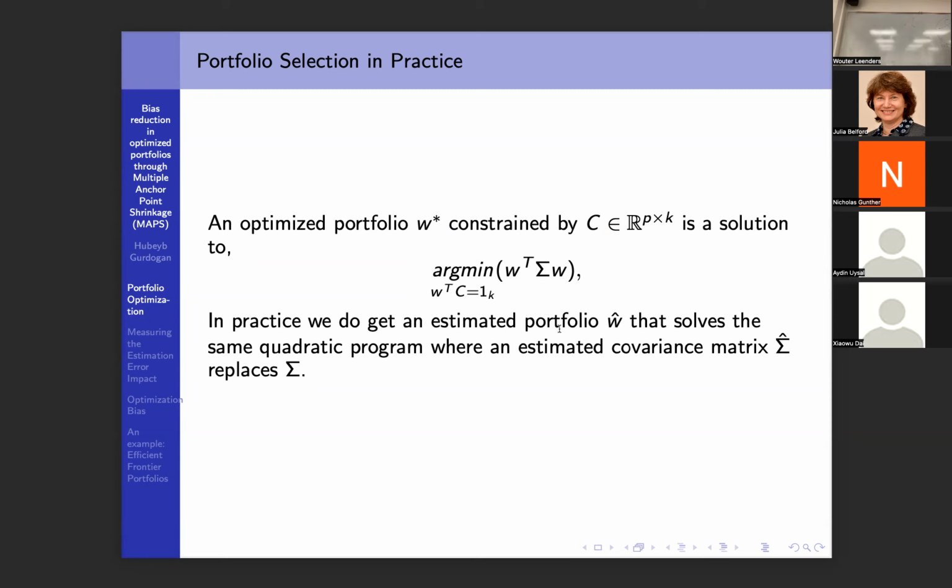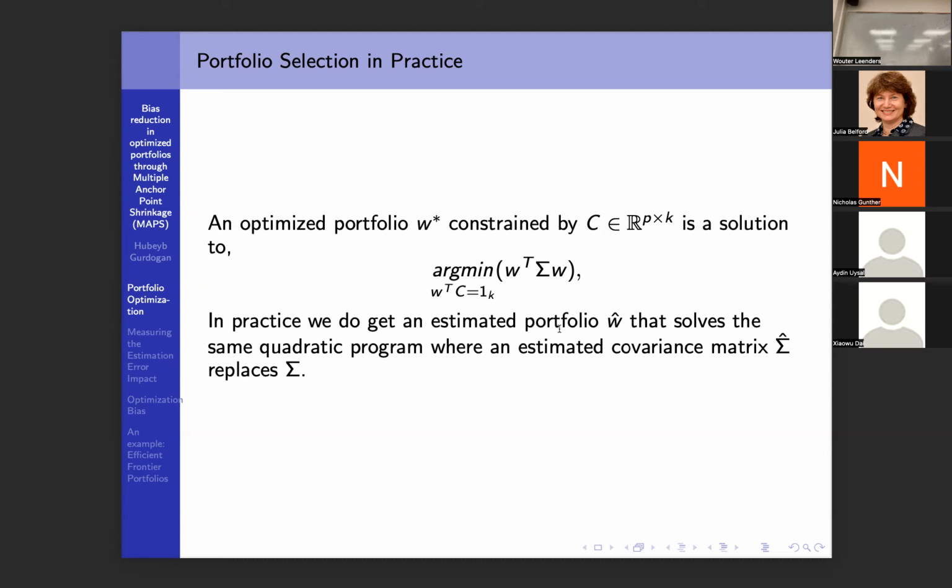A special case is a single column constraint, the fully invested constraint, which produces a minimum variance portfolio. If you have two columns, for example the fully invested constraint, a column of all ones, and a second column of the expected return vector divided by the return target, that generates an efficient frontier, given that you have the true expected return vector.